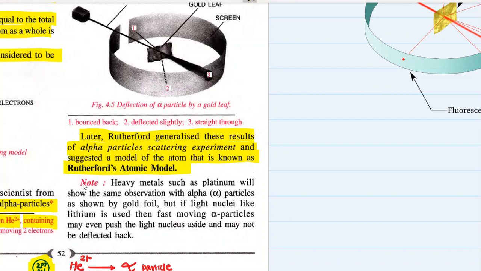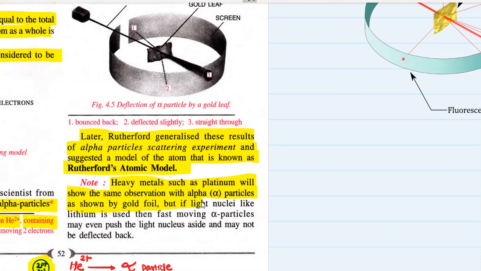Heavy metals, note that this is something different and important. Heavy metals such as platinum will show the same observation with alpha particles as shown by the gold foil. If you have a platinum foil in place of gold foil, most of the alpha particles will pass through the foil, some of them will be deflected by large angles, and very few of them will be bounced back.